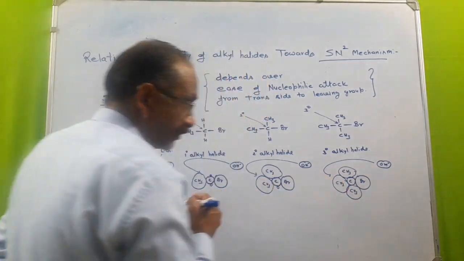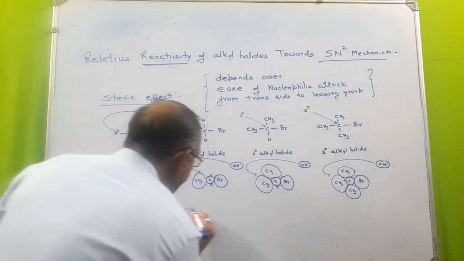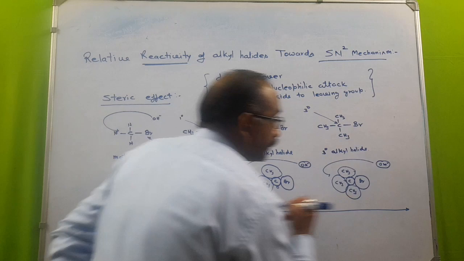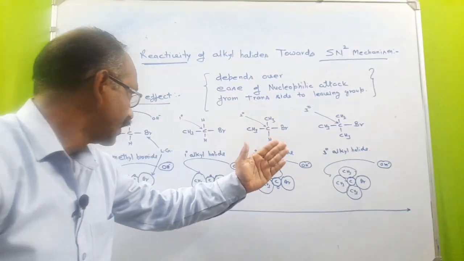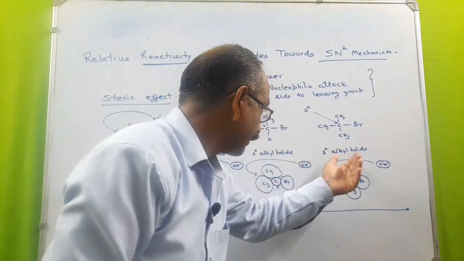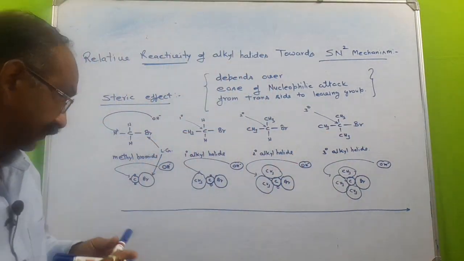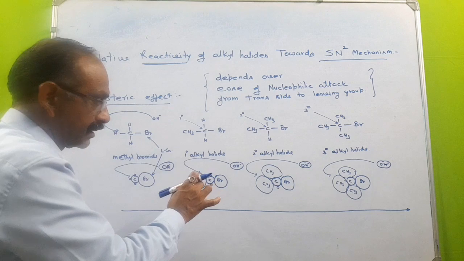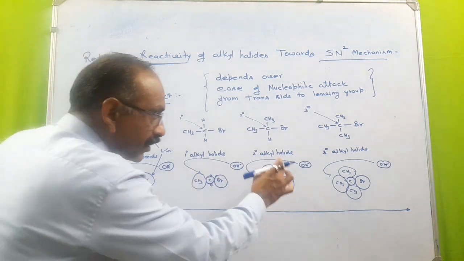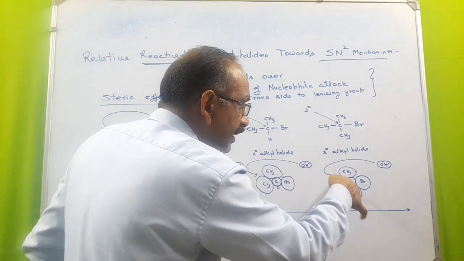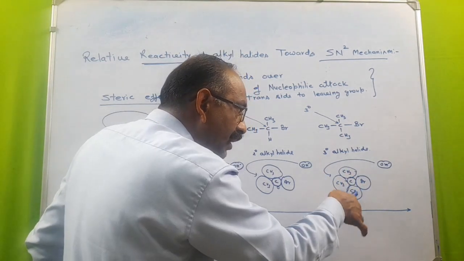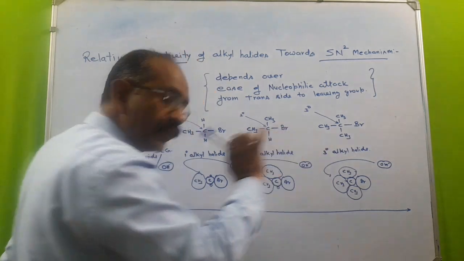See, it is clearly observed here. When we are moving from methyl bromide to tertiary alkyl halide, the hindrance is continuously increasing as the size of alkyl group is increasing. So these will hinder the attack of the nucleophile.